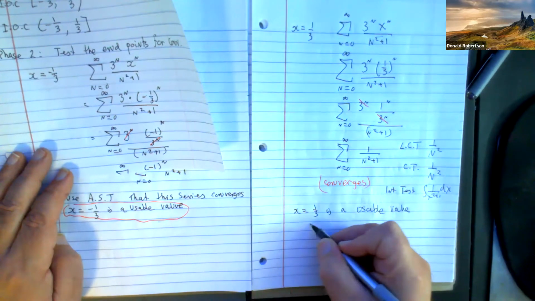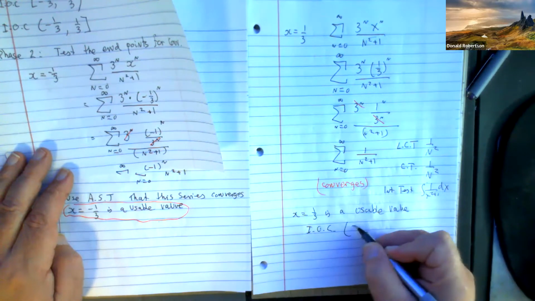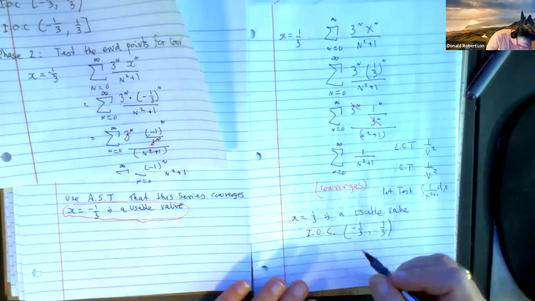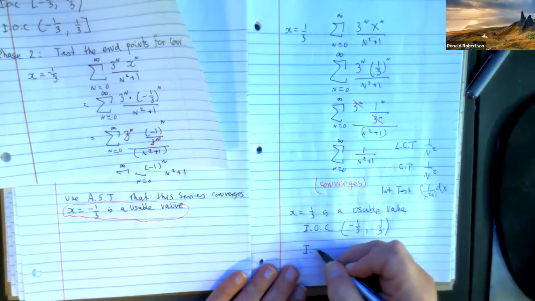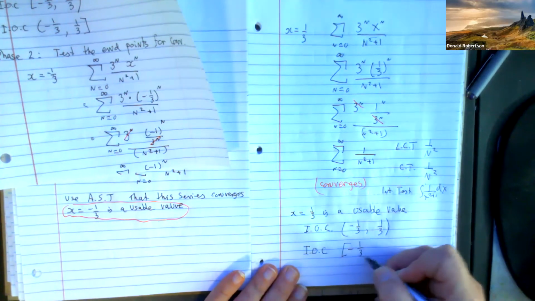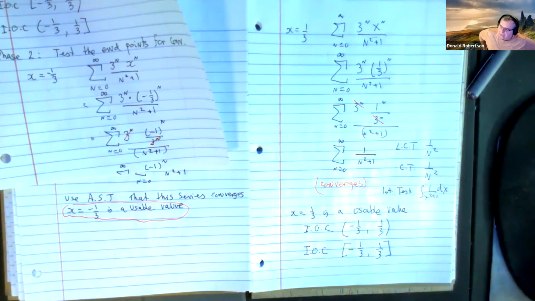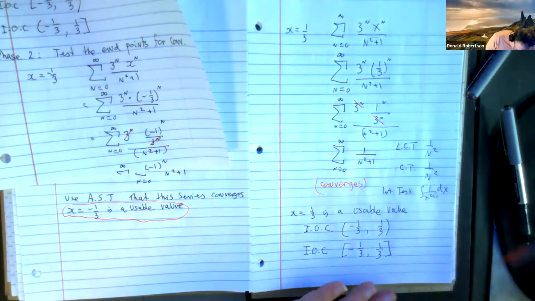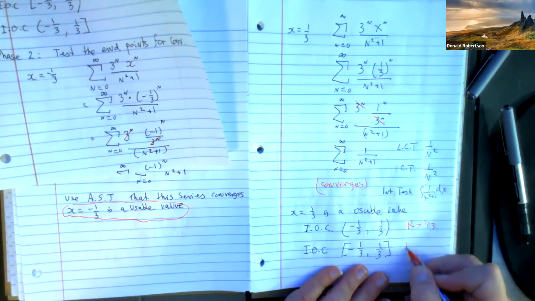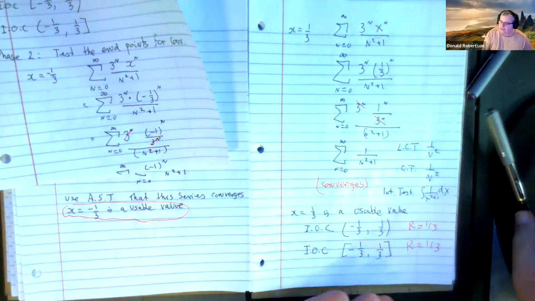Now, our original interval of convergence was -1/3 to +1/3. We've tested the endpoints, and so our final interval of convergence is that you are allowed to use both endpoints. Now, the radius of convergence is 1/3, and it's never going to be anything different, right? It's always 1/3.